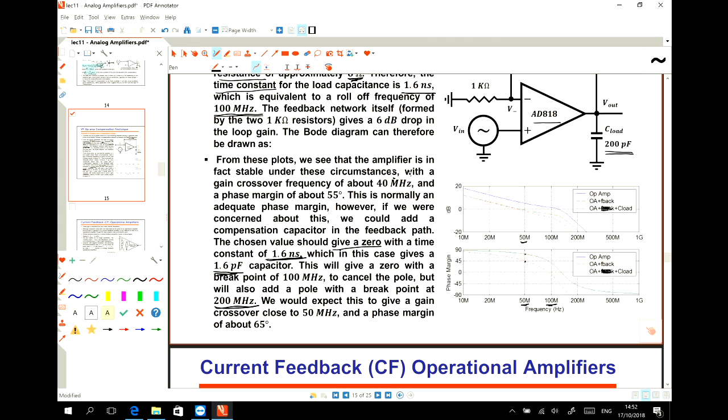What does phase margin mean? It means the amount of phase that we allow our circuit or load to apply to a circuit, and then the system is not going to get unstable.